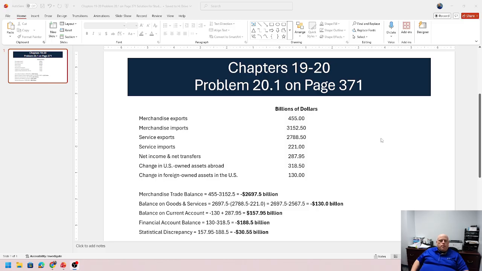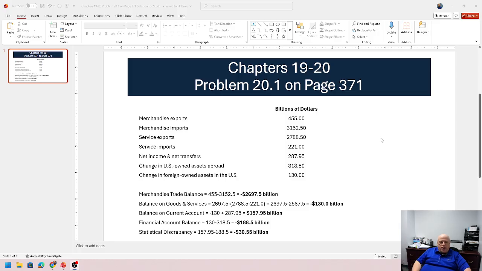All right, then the next calculation was balance on current account, which, if you look at the formula that I gave you, is the balance on goods and services, which is what we just calculated, plus net income and net transfers. So this is very simple.